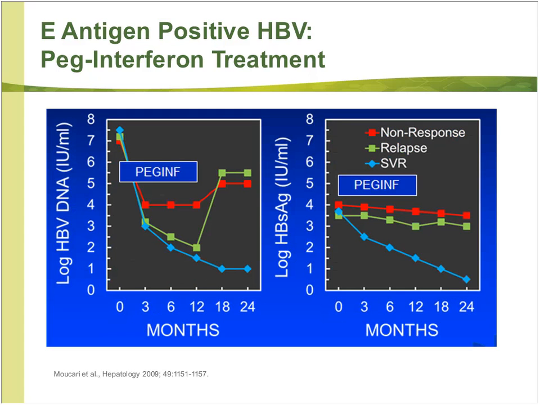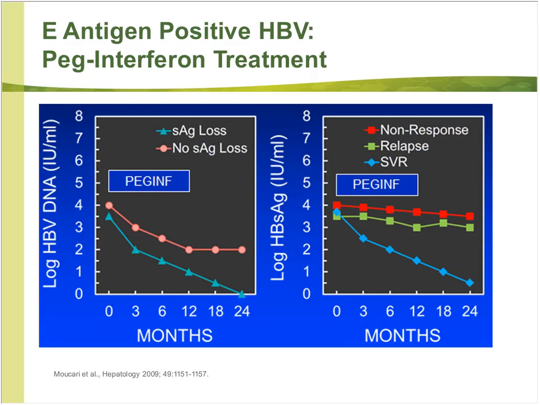At 3 months, you really want to see a multi-log decline in these e-antigen positive patients on interferon to say they have a chance of losing S. More on e-antigen positive patients on pegylated interferon: you see this spread that starts widening between 3 and 6 months with HBV DNA, but it's not as profound as you see in the right box where you're looking at log S reduction. 3 months really separates out patients whether they're going to get S loss or not.